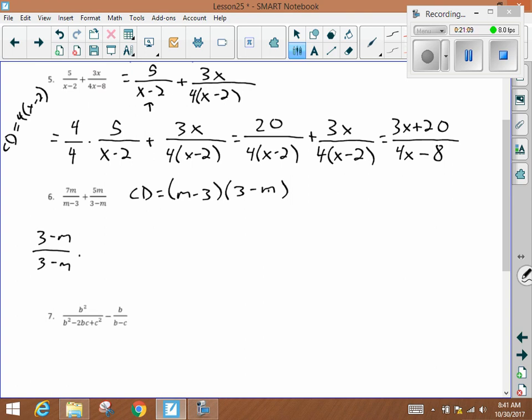I've got to multiply that times 7m divided by m minus 3. And then this one's going to have to be multiplied by the other thing in my common denominator, m minus 3 over m minus 3 times 5m over 3 minus m.